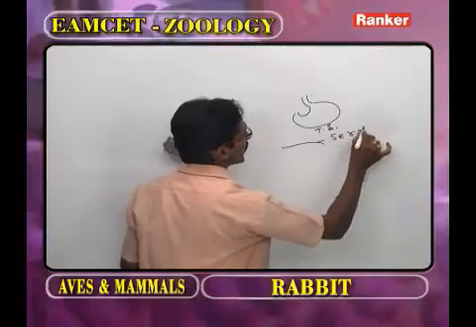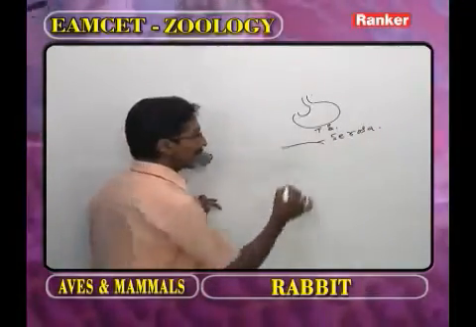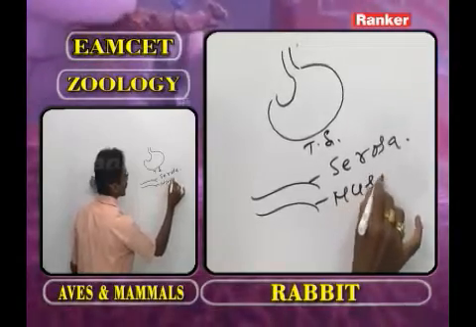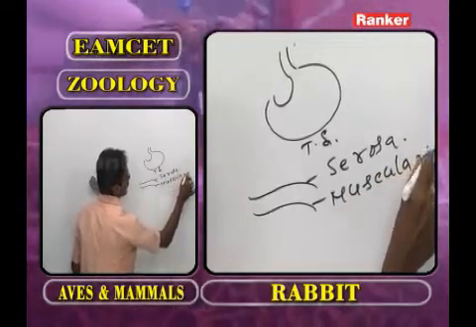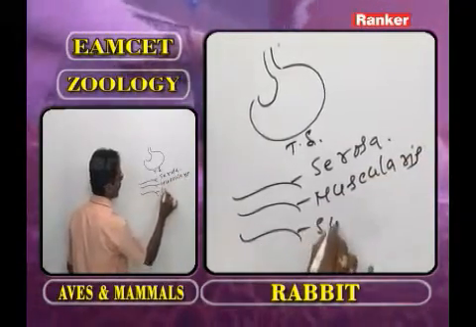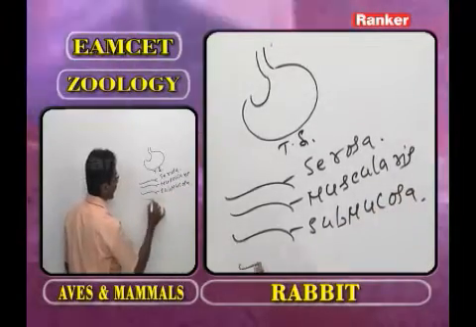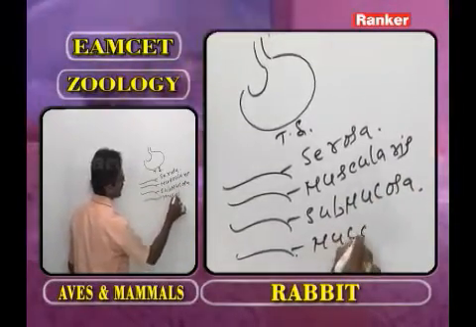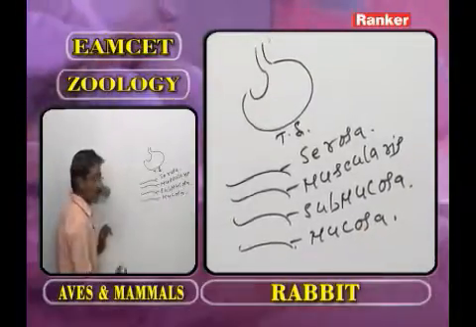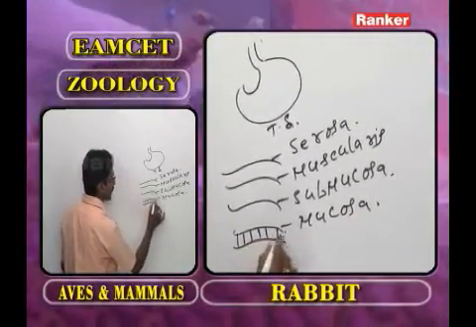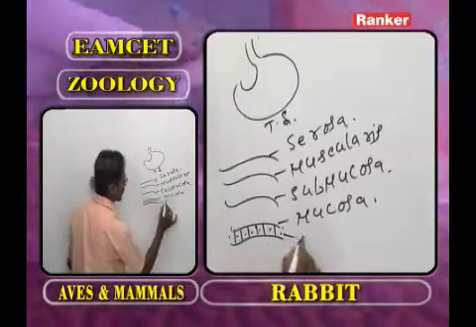The first layer is serosa, the second layer is the muscularis, the third is the submucosa, and the innermost layer is the mucosa.